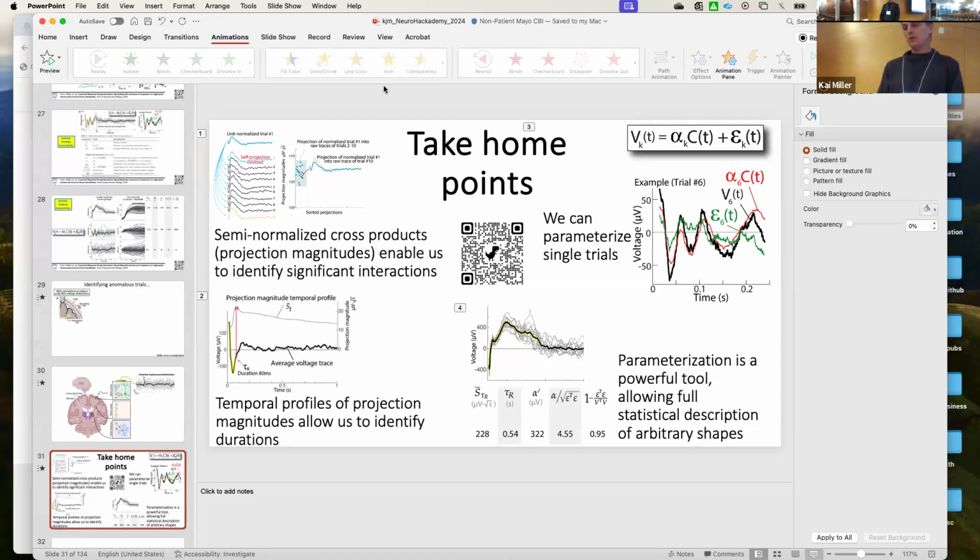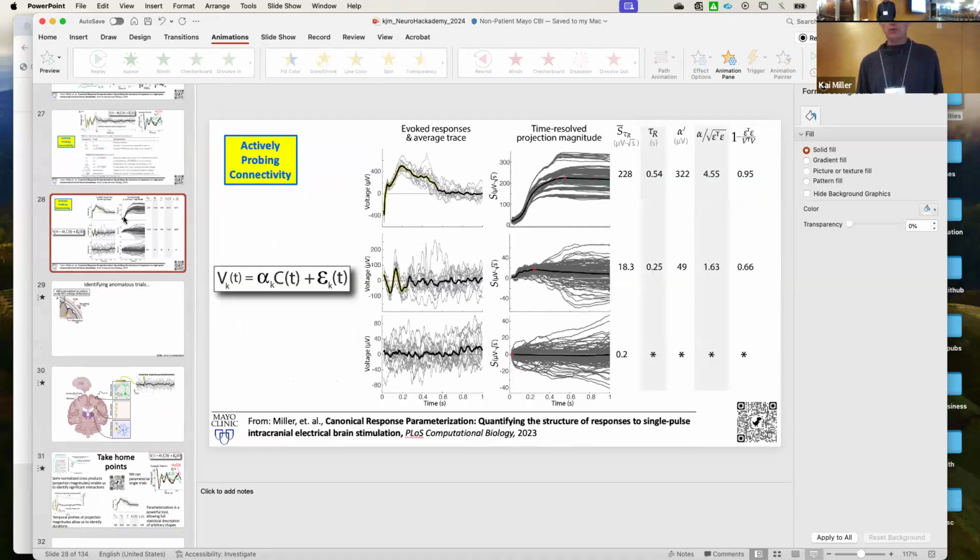So for the folks online who are questioning, please correct me if I'm wrong. What kind of signal to noise are we dealing with? What I can tell you is that it's very highly variable. We have signal to noise ratios here of, let's say, 4.5 and 1.6, but we do see things that are very clearly real.